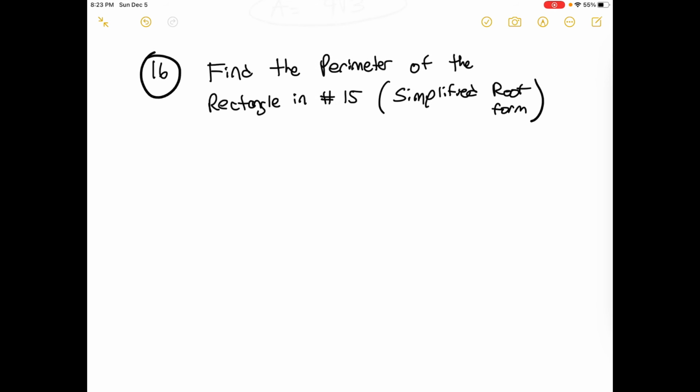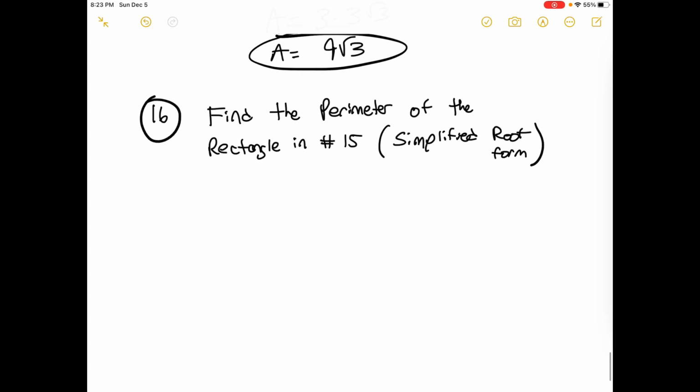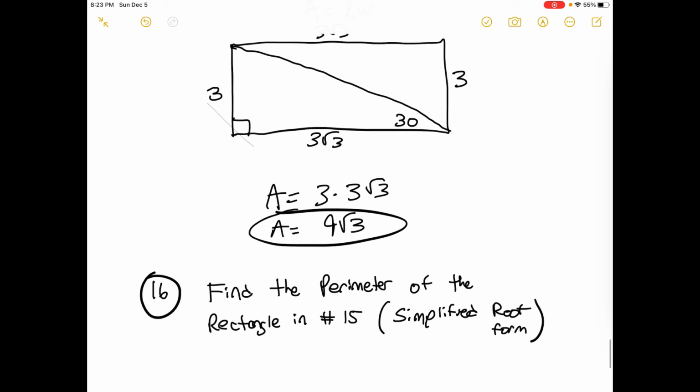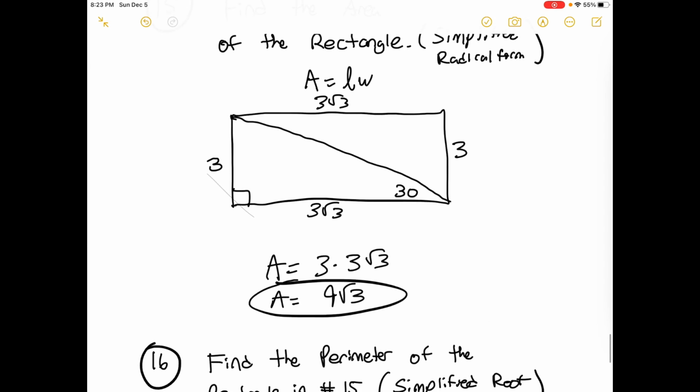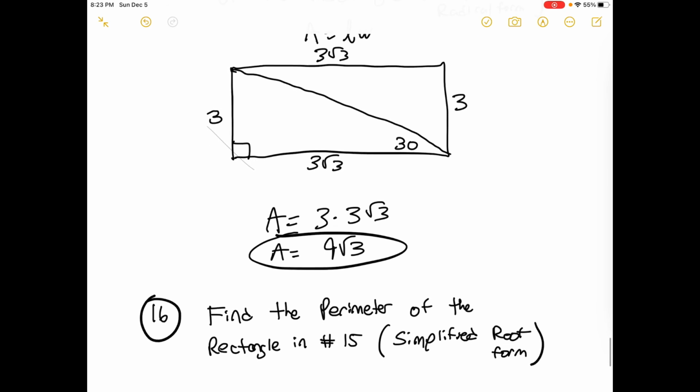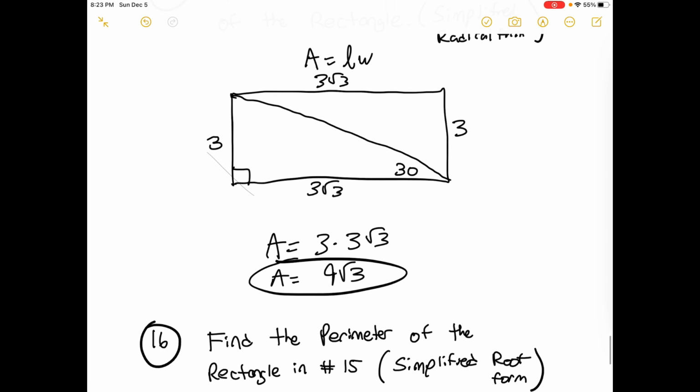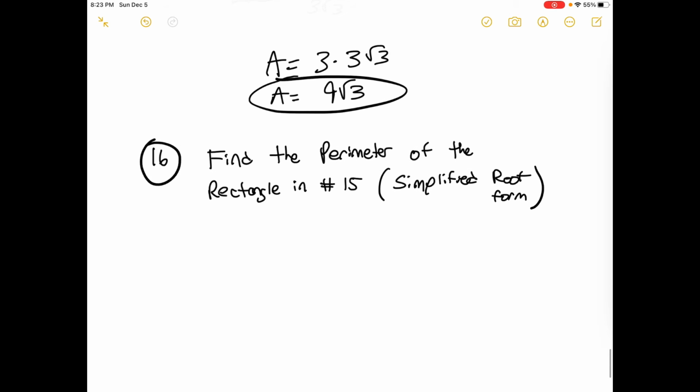Okay, 16, find the perimeter of the rectangle that we just did in number 15 in simplified square root form. Perimeter, add the sides together. So we have 3 plus 3 plus 3 root 3 plus 3 root 3.